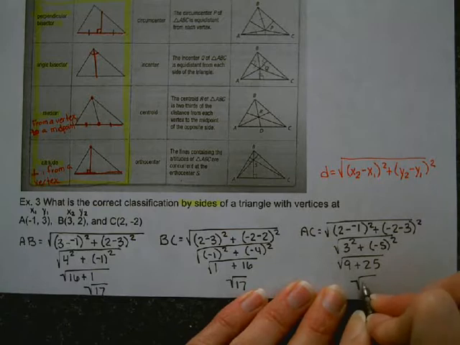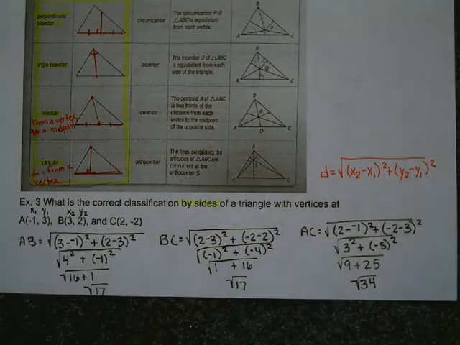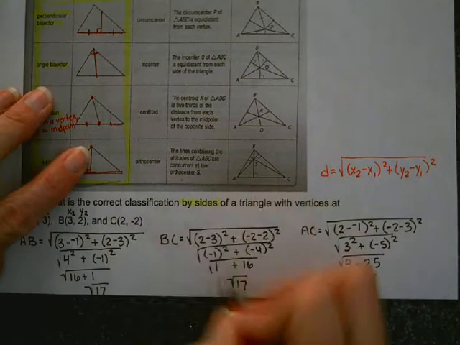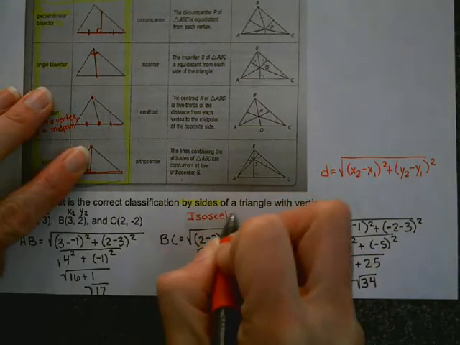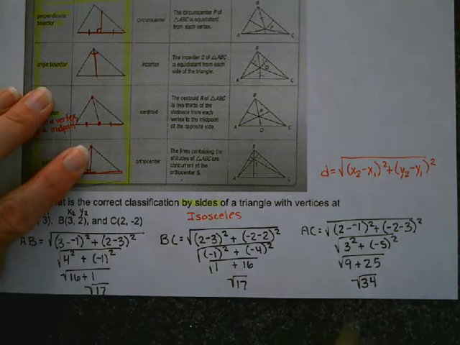That's 9 plus 25. Well, it's not going to be 17, so that comes out to 34. So, in this case, I have two sides that are the same. If two sides are the same, we're going to classify this as isosceles.